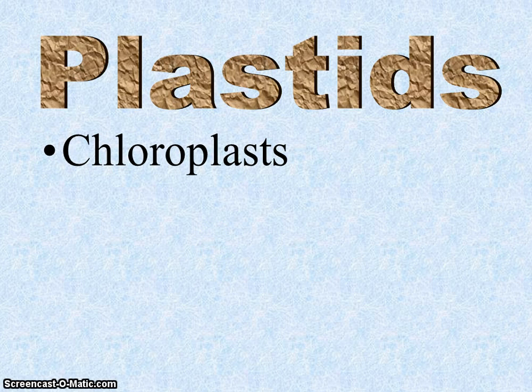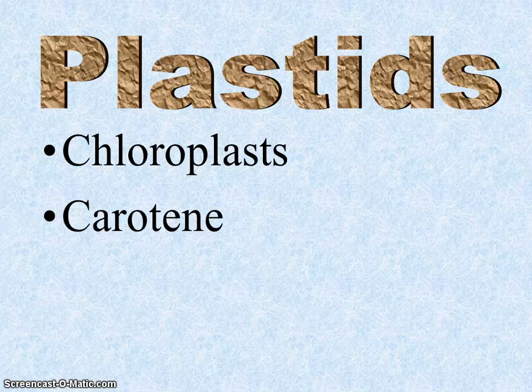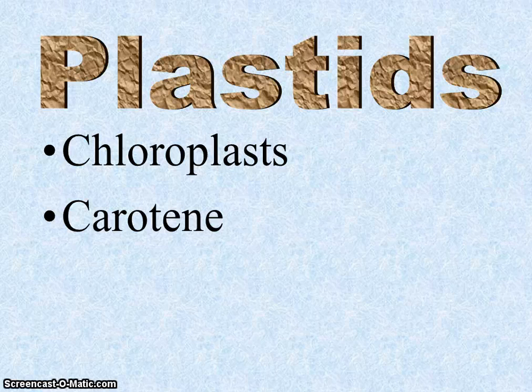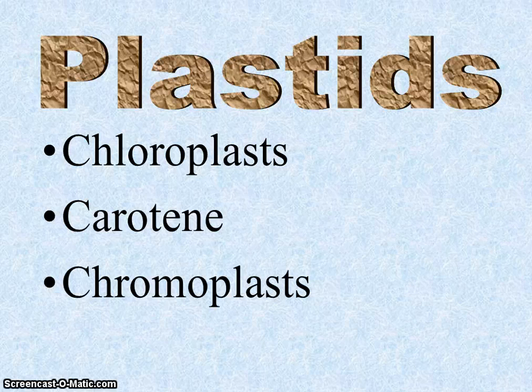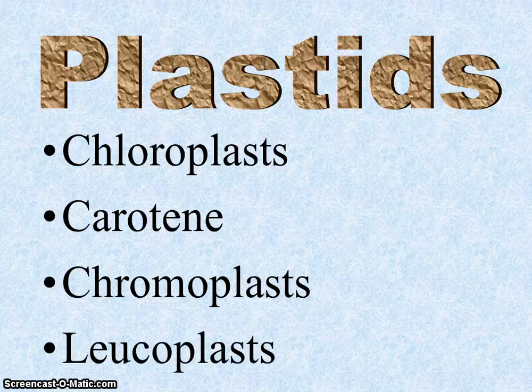So we have chloroplasts, which contain the green pigment called chlorophyll, which is very important in photosynthesis. We have carotene, which is yellowish orange, which is very important in the production of vitamin A. Chromoplasts could be red, orange, yellow, and that's what's going to give the flower petals their distinctive colors.